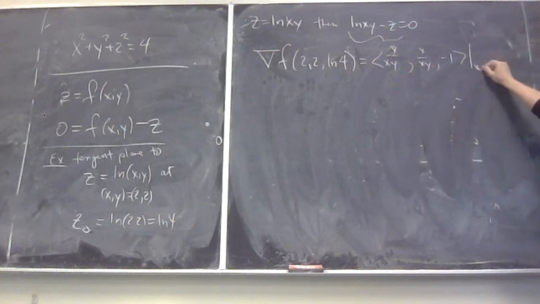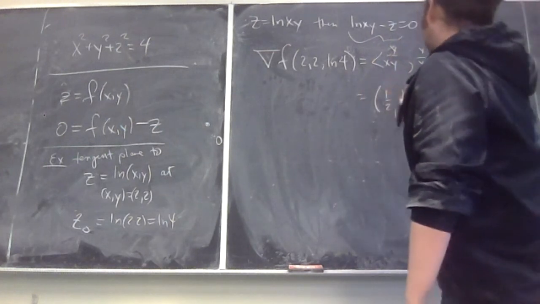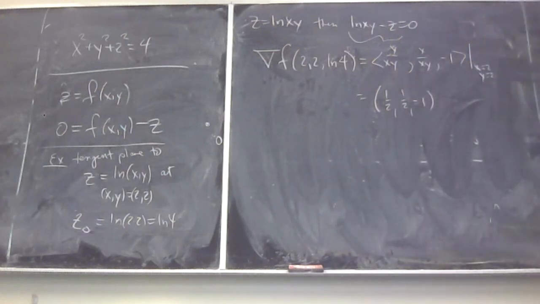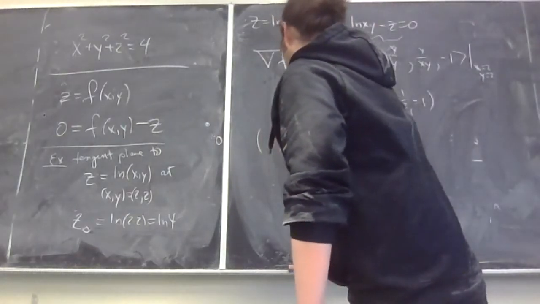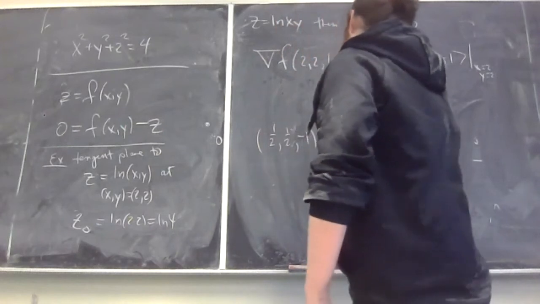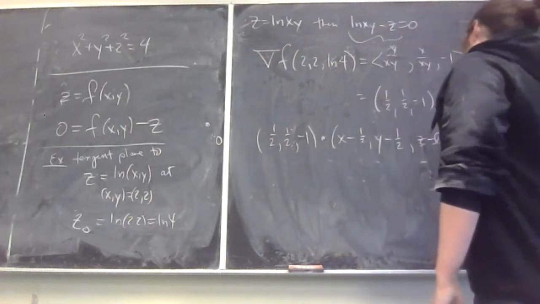Evaluated when x is equal to 2 and y is equal to 2, that just means this is 1/2, 1/2, minus 1. What's the tangent plane? (1/2, 1/2, minus 1) dotted with (x minus 2, y minus 2, z minus the natural log of 4).